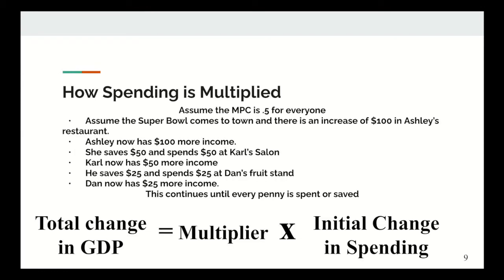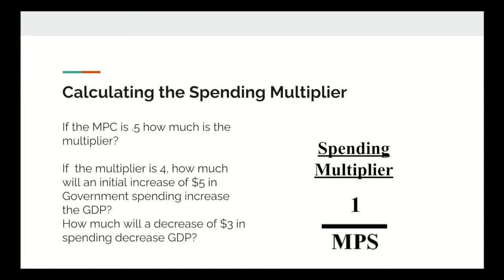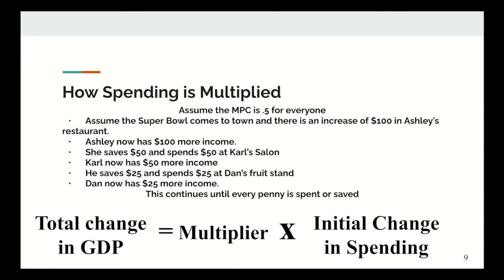If we want to figure out how much that initial change in spending increased in the economy, you can get the total change in GDP by taking the money multiplier times the initial change in spending. So earlier we said the money multiplier is 1 over the MPS. Here, our marginal propensity to consume is 0.5. That means our marginal propensity to save is 0.5.